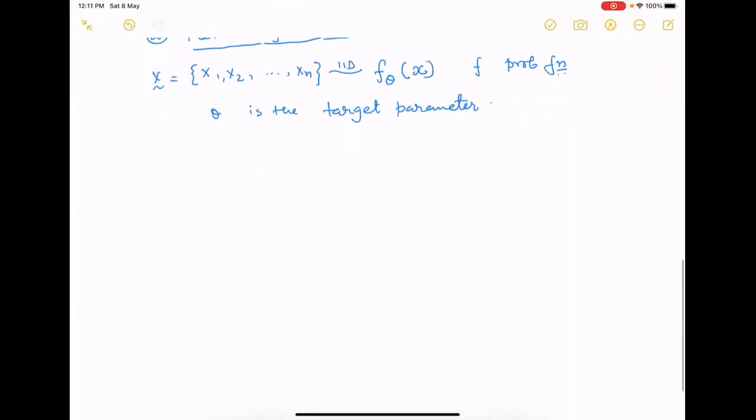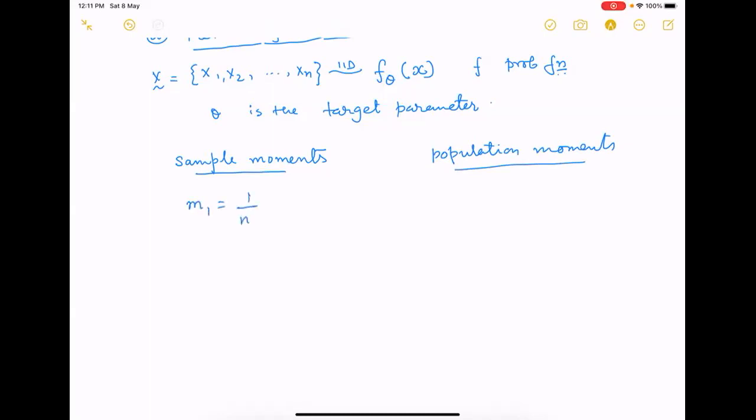So what it does is it calculates the sample moments and population moments. What is a sample moment? Sample moment is say m1 dash, 1 by n summation i equal to 1 to n xi, and then mu 1 dash is the expected value of x, which is the integration over x f(x) dx.